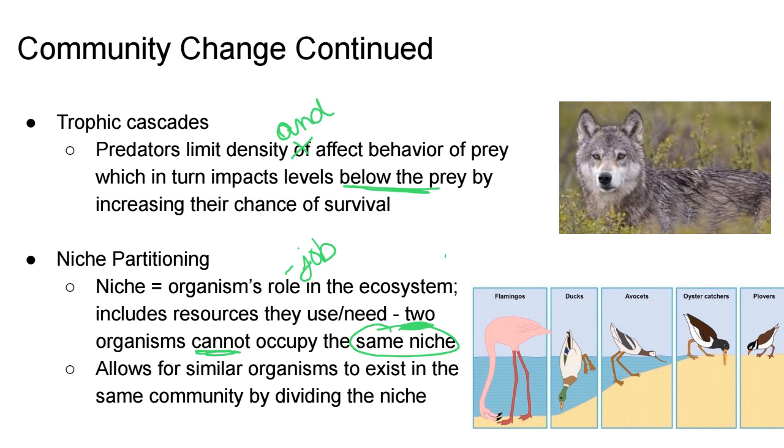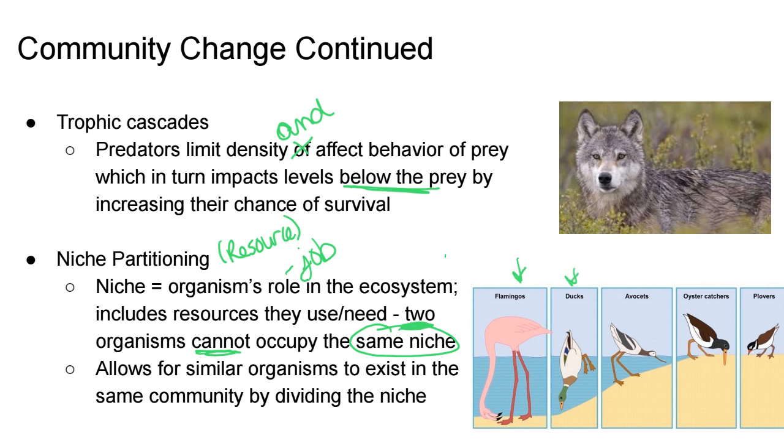So what this niche partitioning does, which is also sometimes called resource partitioning, is it's going to allow for these similar organisms to exist in the same community. It divides it up. So, for example, if you look at this picture here of these birds, you'll see how the flamingos are at the deepest and then the ducks.